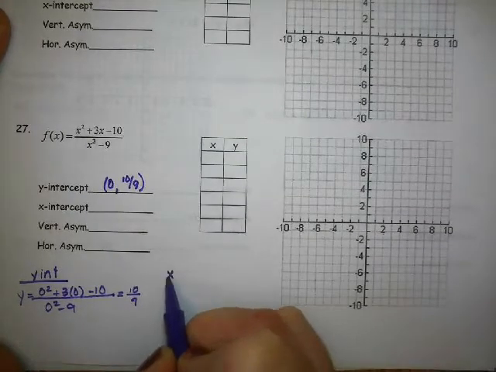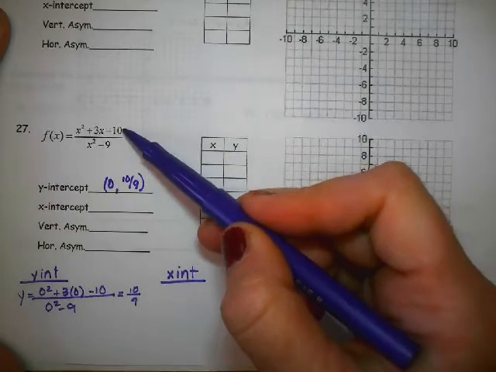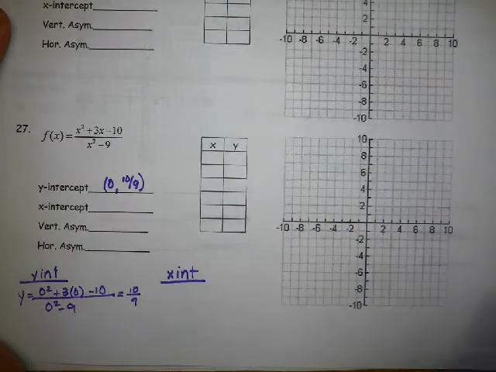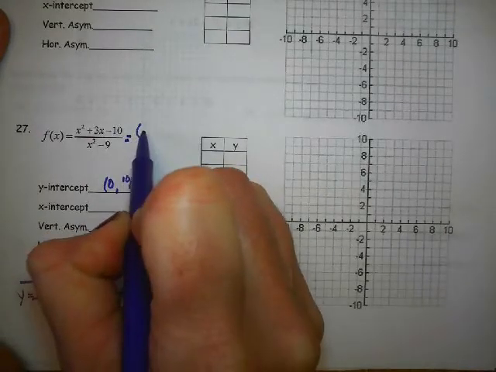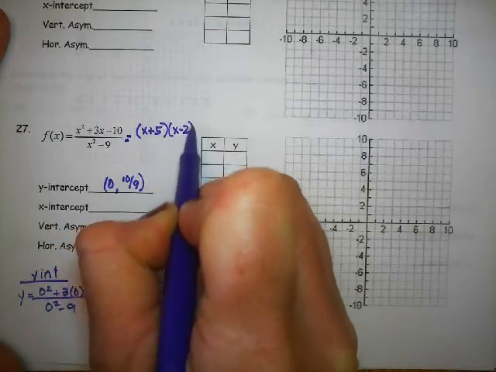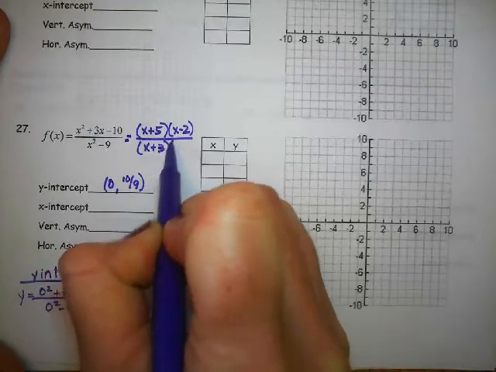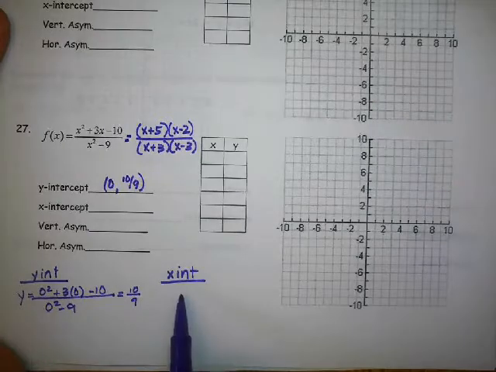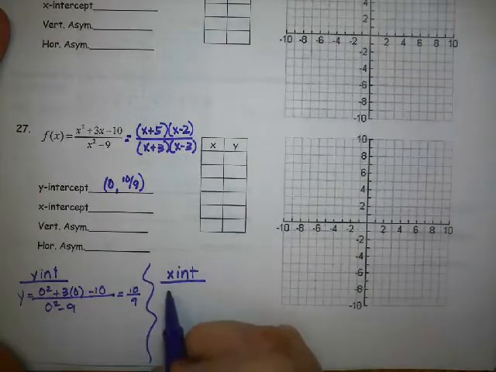For my x-intercept, I'm just going to set my numerator equal to 0, but I'm actually going to put my numerator and denominator into factored form, just in case I need this. The numerator factored is (x + 5)(x - 2). My denominator is (x + 3)(x - 3). To find an x-intercept, I set my numerator equal to 0.